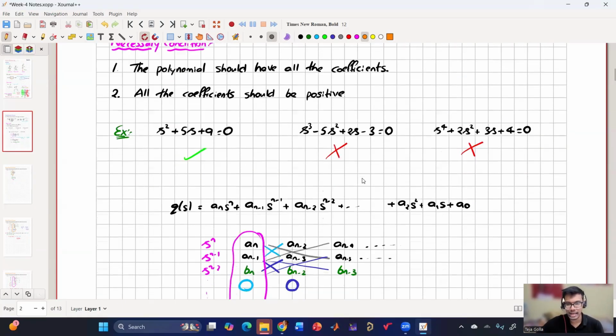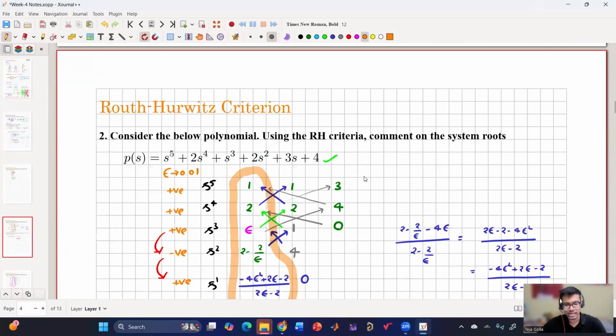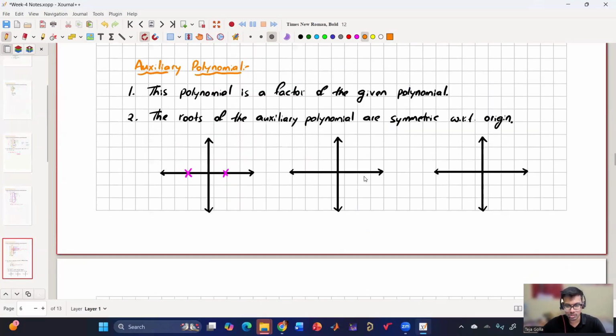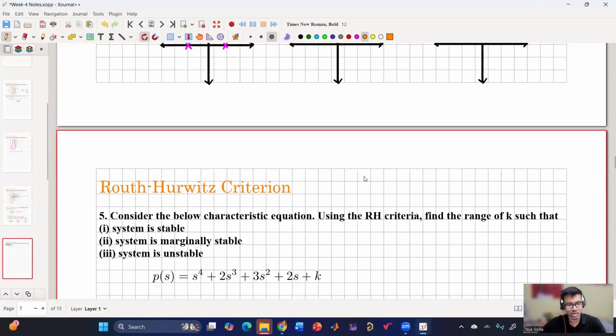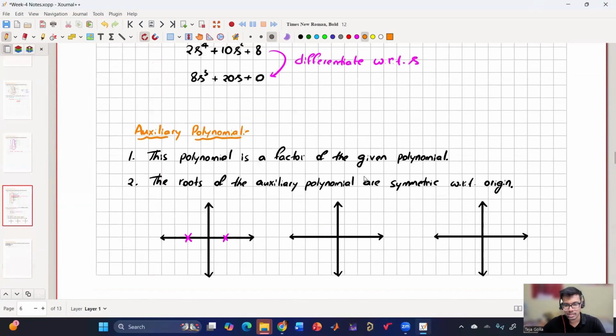So in any book that you refer or any course that you refer, that is the universal notation that people follow, so that there will not be any confusion. So now we are dealing with the poles. So that's why I'm using this cross mark. We are not dealing with zeros because zeros will not define the stability. Only poles will define the stability. So whatever Routh Hurwitz we are doing, that is for poles. But zeros will come in the upcoming class where we consider root locus. Then we'll discuss more about zeros.